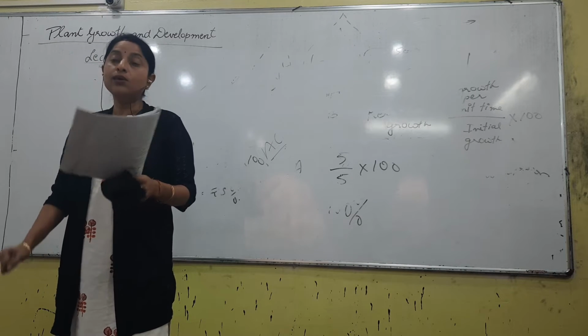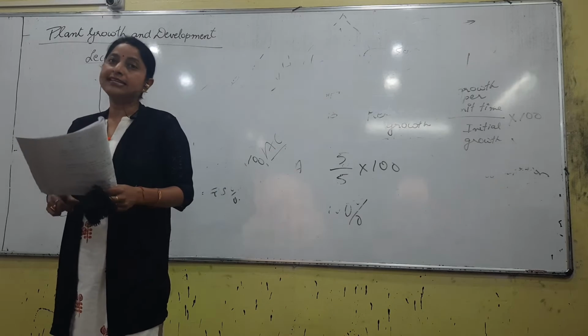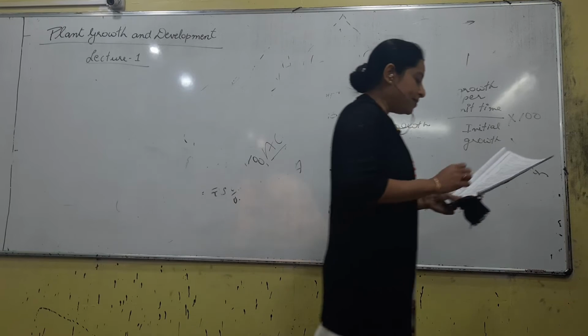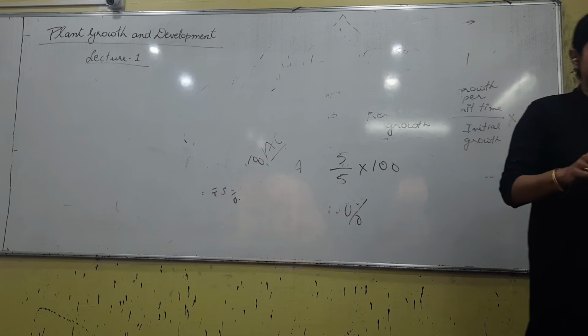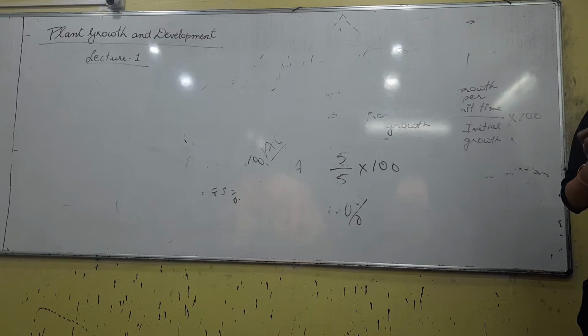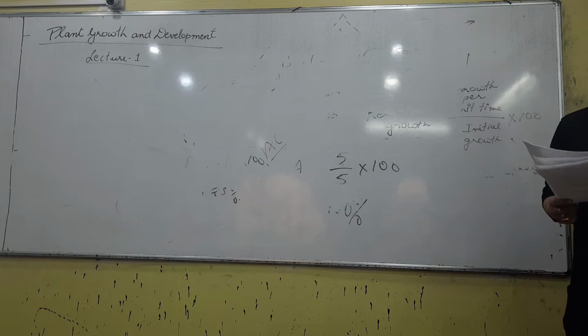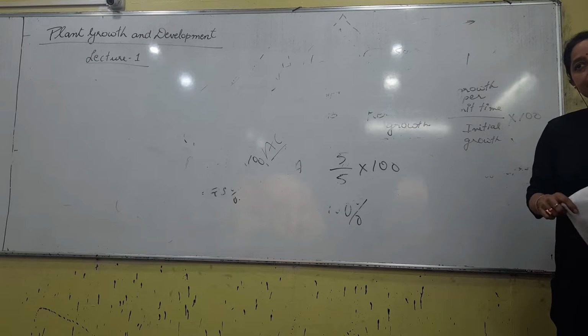The question is, who discovered it? So the name of the scientist is important, right? Garner and Allard experimented on Maryland Mammoth. That is also important. The concept of photoperiodism. What experiment did they do? They experimented on tobacco. Which variety of tobacco? Maryland Mammoth variety of tobacco. Right? First you have to experiment on some plant, then you can observe the phenomenon.